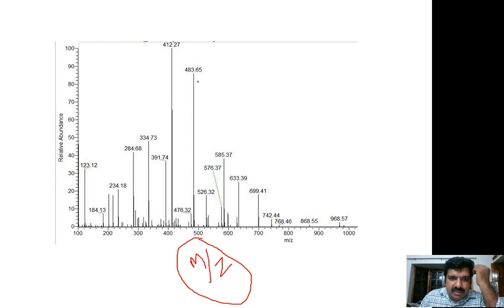The peak with the highest intensity is known as the base peak, and the peak having the highest mass is usually known as the molecular ion.